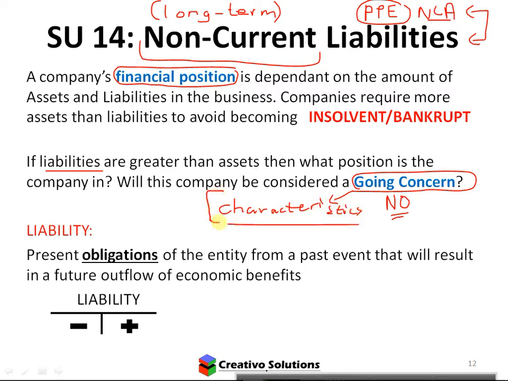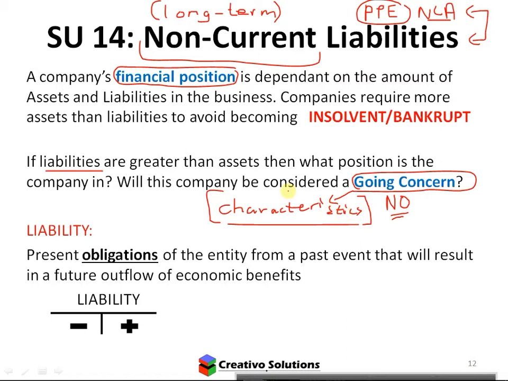One of the characteristics was, is the business a going concern? Going concern means, is the business going to continue to operate in the foreseeable future? Okay, that's what you're looking at.